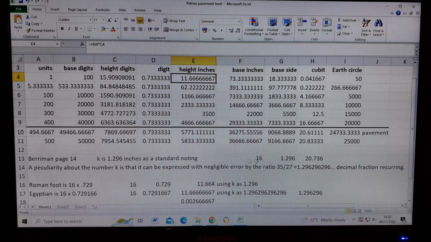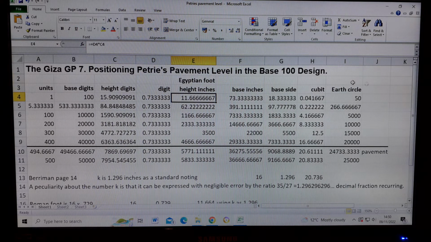What we're going to do is look at how Petrie's pavement level is positioned in the base 100 design using the Egyptian foot. Petrie's measure over and above the very bottom base level of the pyramid below the pavement level is 5.333 Egyptian feet in height.